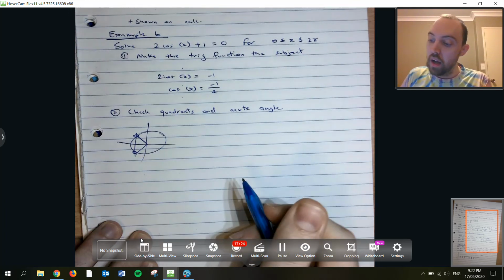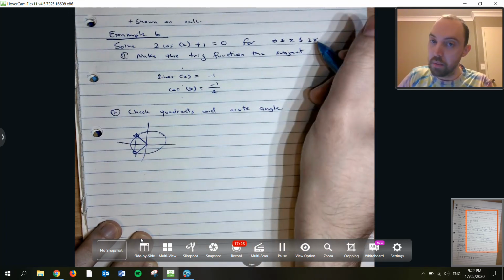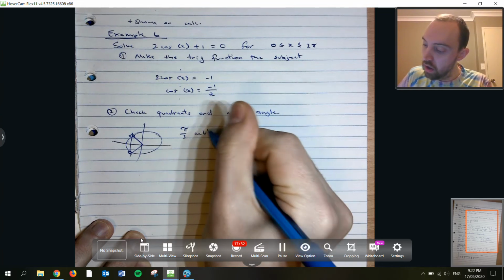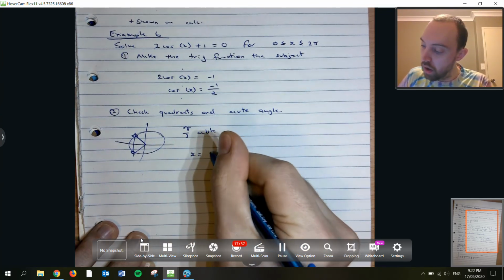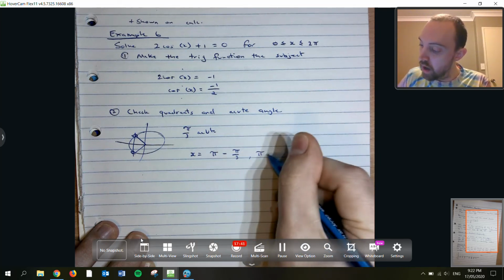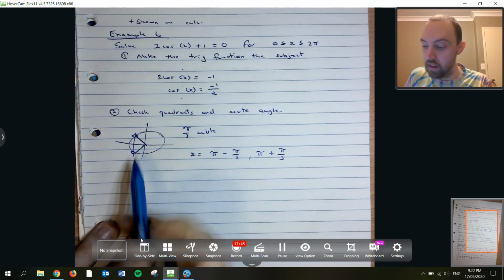Alright, and the acute angle, cos of 60 degrees, but we're working in radians, so pi on 3 is the acute case. So we're doing x is equal to pi take pi on 3 and pi add pi on 3 to get both of these lines in my diagram.